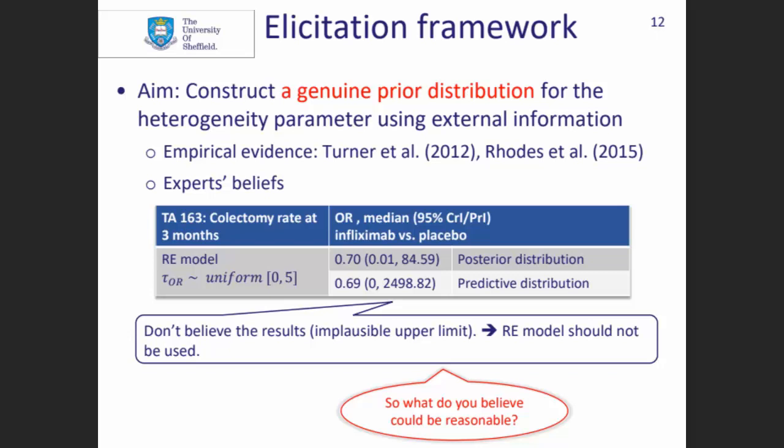So if experts do not believe the upper limit they see from these results could be plausible, they must have some ideas on what is more reasonable or plausible for the upper limits. And this knowledge would allow us to construct a prior distribution for the heterogeneity parameter.